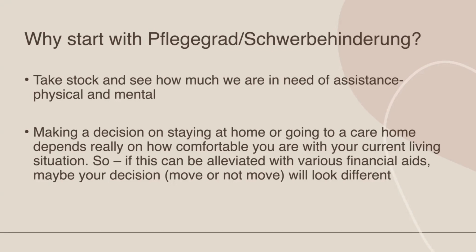Depending on the answer, you will be able to better decide, well, maybe I should stay at home, but I can access care at home and don't need to move to a care home where I'm out of my comfort zone and have to meet all sorts of new people. So the decision will look different depending on the amount of information you have and how you feel about it. Okay, next slide. The Pflegegrad.